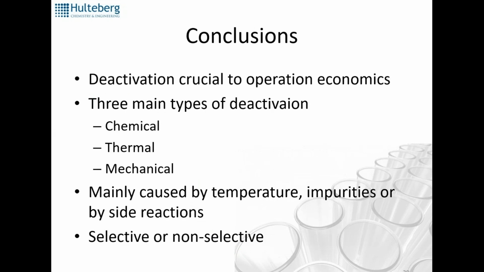So to conclude, deactivation is crucial to operation economics. So the longer you can run your reactor, the better. Three main types: chemical, thermal, and mechanical, and they're mainly caused by temperature, impurities, or by side reactions, and all types of poisoning can be selective or non-selective depending on the diffusion regime that you're operating in.